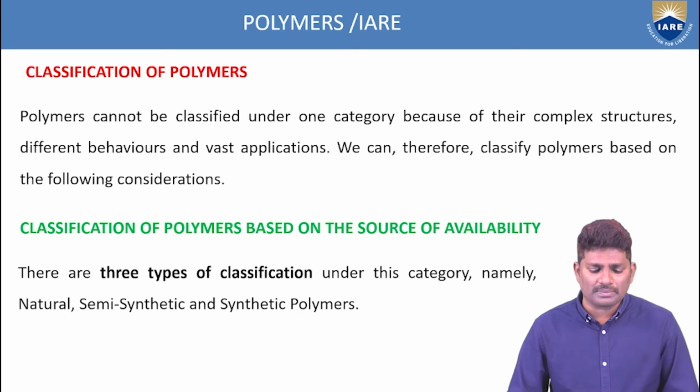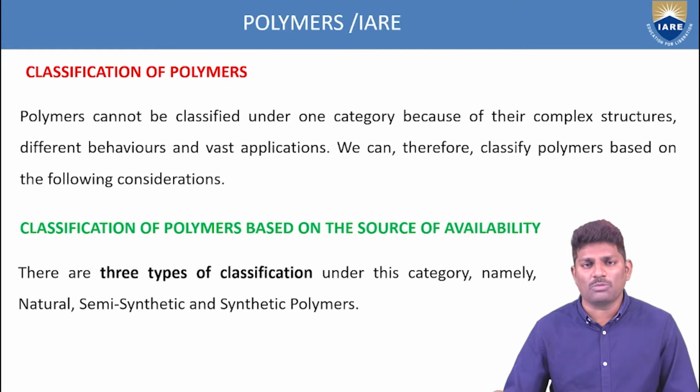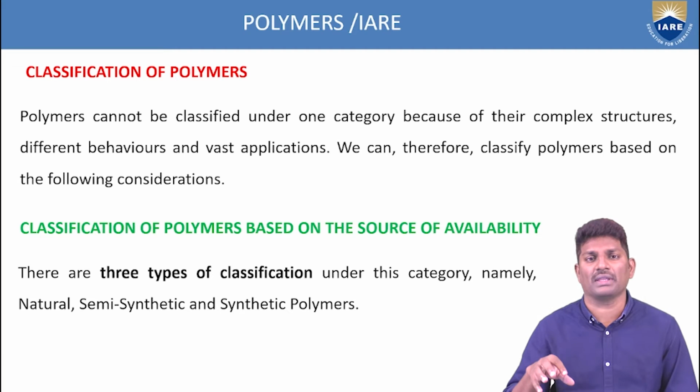So that's why polymers cannot be classified under one category: because of their complex structure, different behavior and vast application. The main thing to understand is that it has a complex structure. Complex means it has different types of elements inside the body.